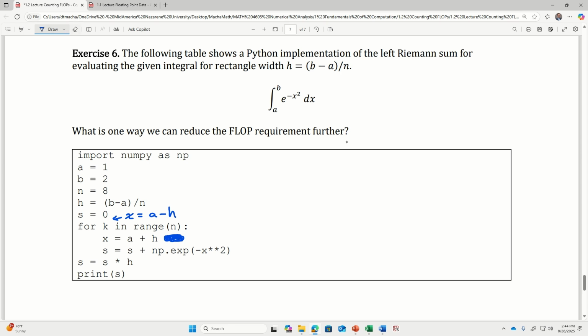Or maybe you could even, if we're being super picky about saving this, move that to the end of the loop.